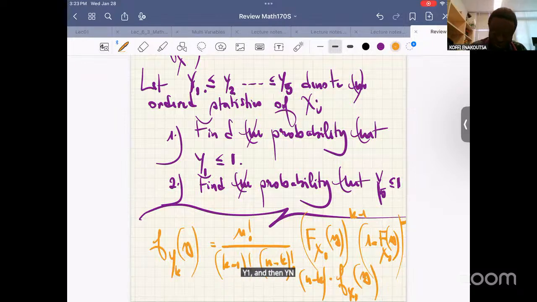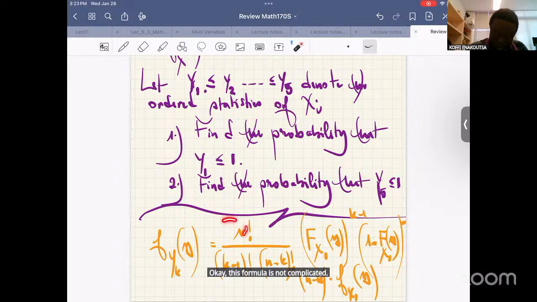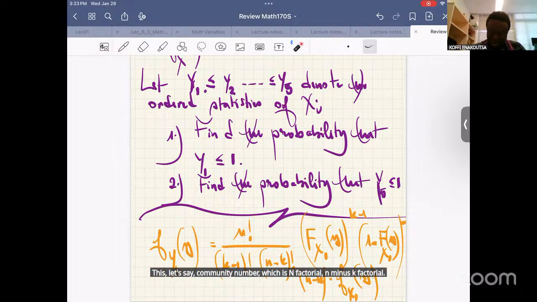We learned that. Or you can just use this formula, okay? This formula is not complicated. Once you separate this combinatorial number, which is n factorial over (n minus k) factorial (k minus 1) factorial, then the product naturally comes: f_{X1} at y.